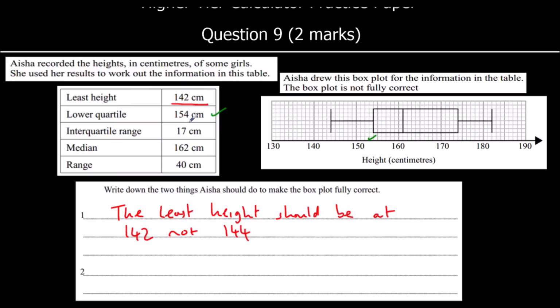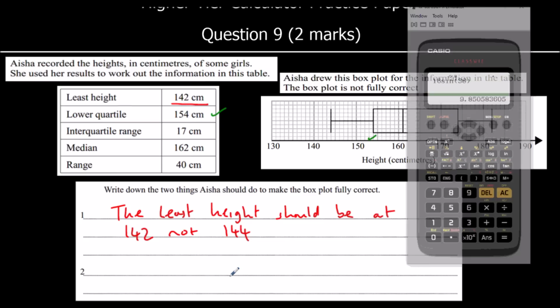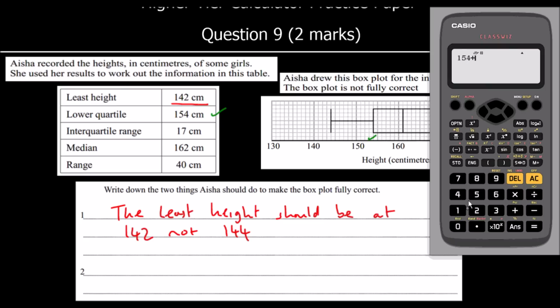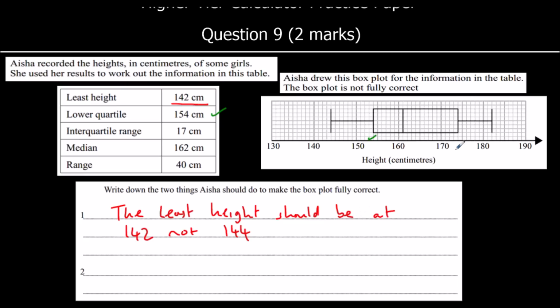So the upper quartile is 154 plus 17, which is 171. And that's not correct. So the upper quartile should be at 171, not 174.